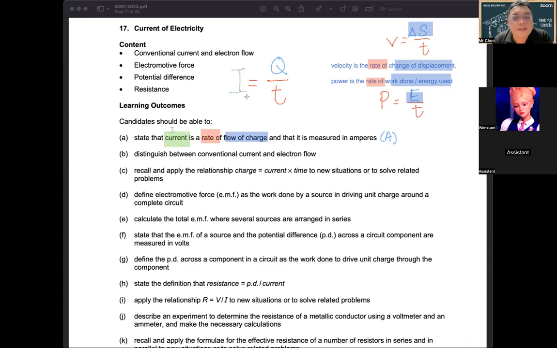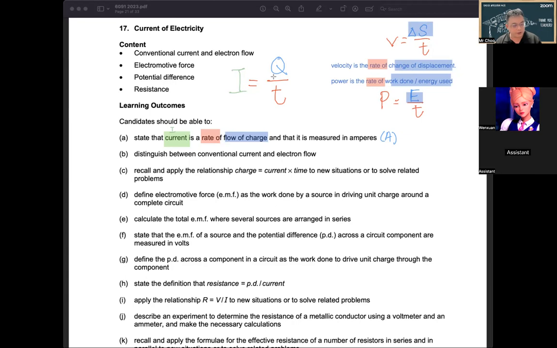Current actually means how many charges are flowing through that point in 1 second. Is that clear? So 1 ampere means 1 coulomb of charge moving past that point in 1 second. That is the definition of current, the rate of the flow of charges. And what is Q?